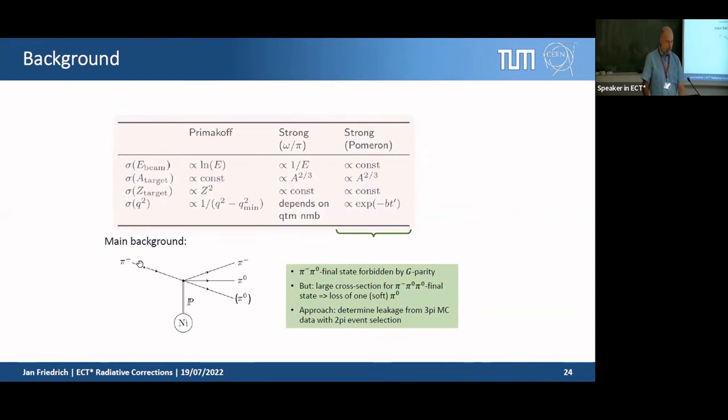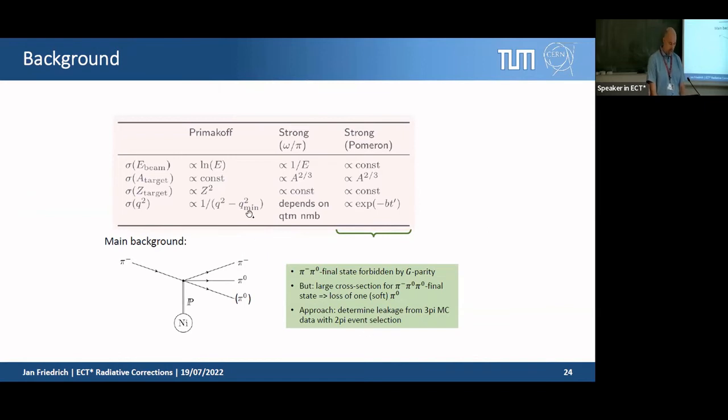So what we do is to have a full simulation for the final state, including the pi 0, and then by the model, we extend it to the full kinematics, and then analyze these data, how they would look if we ask only for the pi minus pi 0 final state, and there is an overlap on the, let's say, 10% level that we have to subtract.